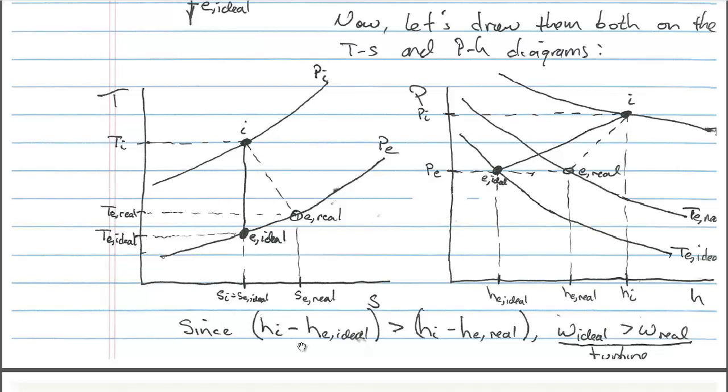And that's shown here in this inequality, where the difference between HI and HE ideal, this is the ideal work transfer, is greater than HI minus HE real, this is the real work transfer. That means that the ideal work for a turbine is greater than the real work for a turbine. And of course, that all makes sense.